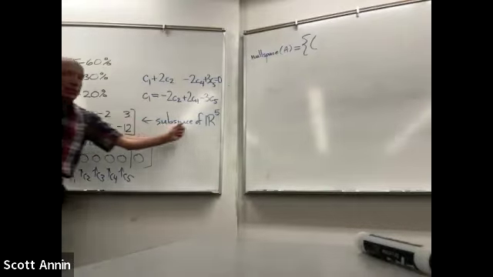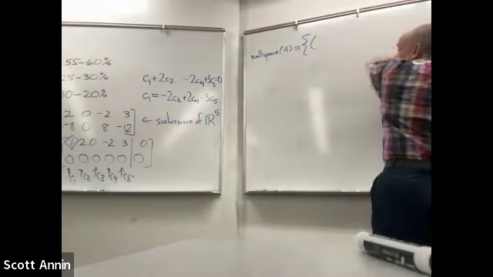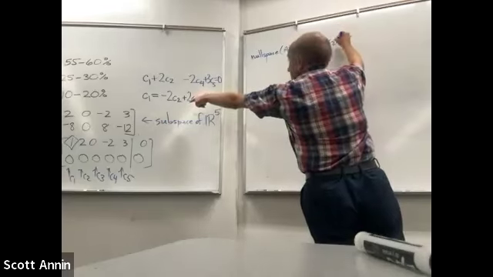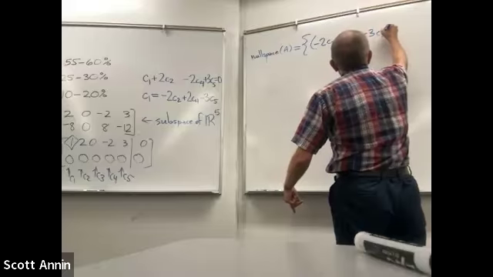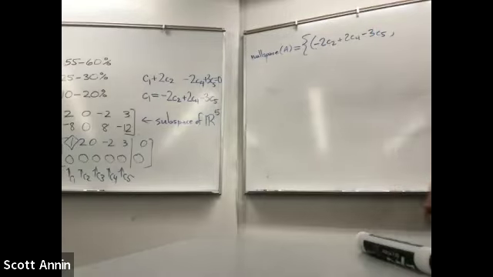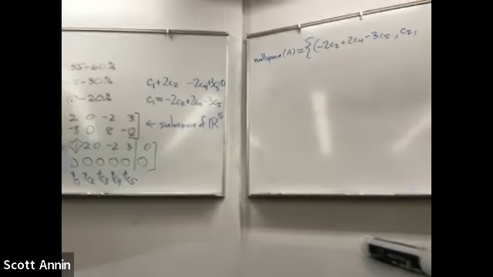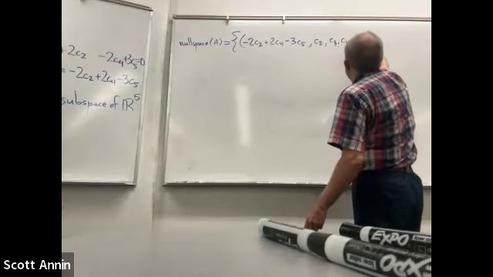But this is a subspace of R5, and there's 5 slots that I need to write down. For the C1 slot, I have -2C2 plus 2C4 minus 3C5, right? That's the first entry, and then comma, and the second entry would be C2, the third entry would be C3, and then C4, and then C5.